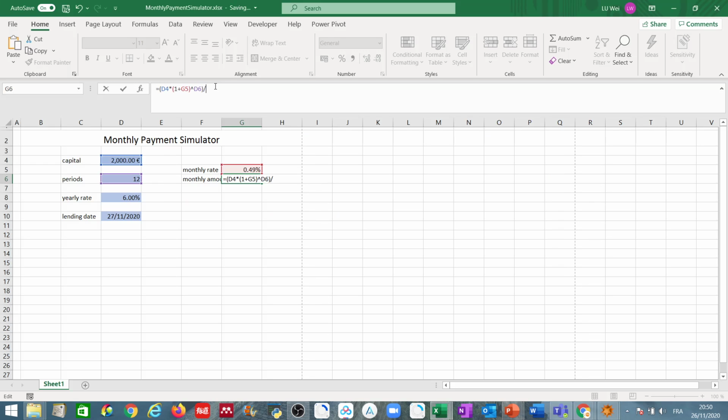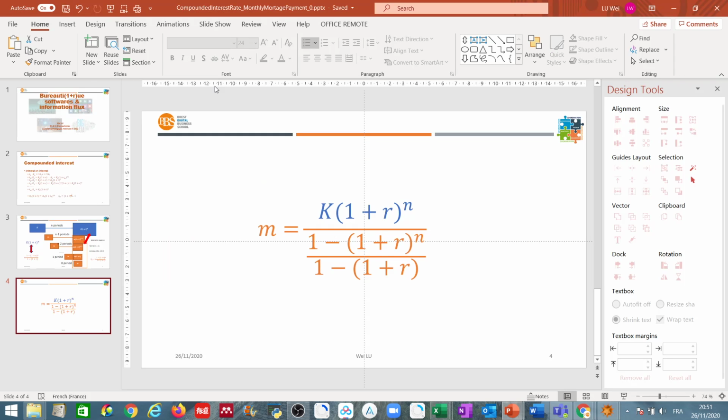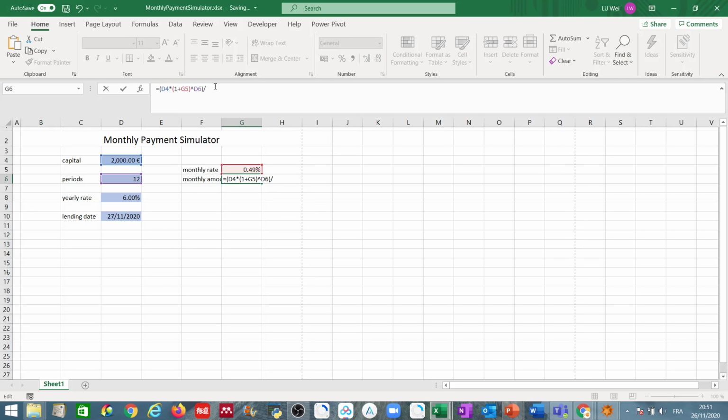And then we will type the denominator, and just as what you see, the denominator itself has its own numerator and denominator. And the numerator is what? It's 1 minus 1 plus interest rate here.